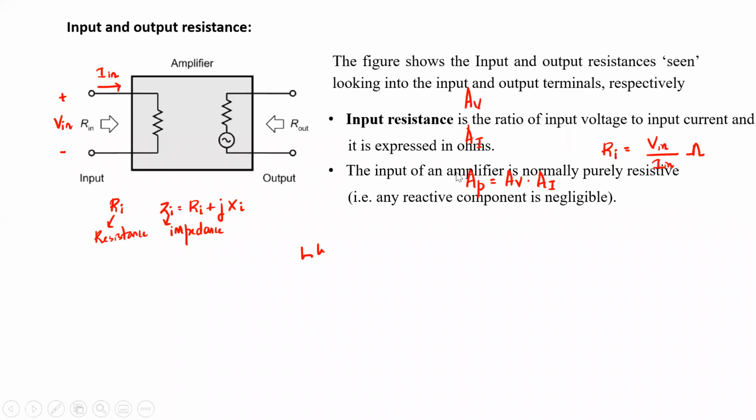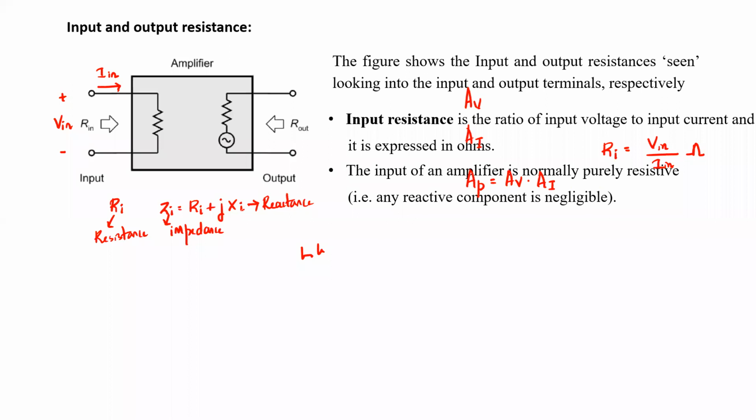The input of an amplifier is normally purely resistive. Any reactive component is negligibly small. Here Xi is the reactive component, and Ri is the resistance. This Xi is called the reactance, and it is very negligible most of the times.